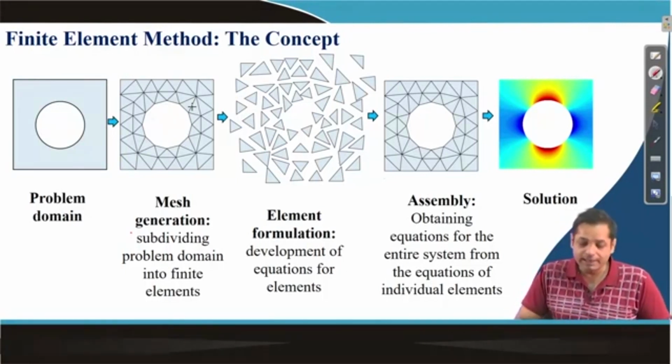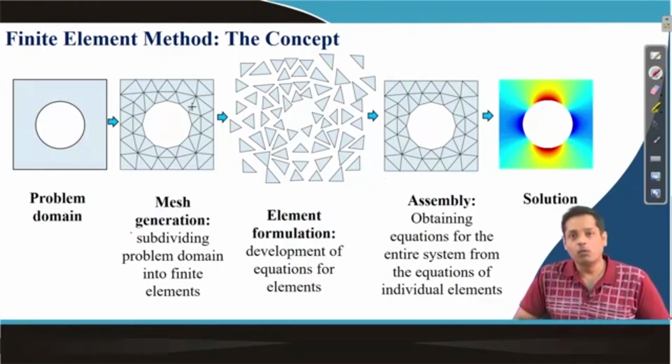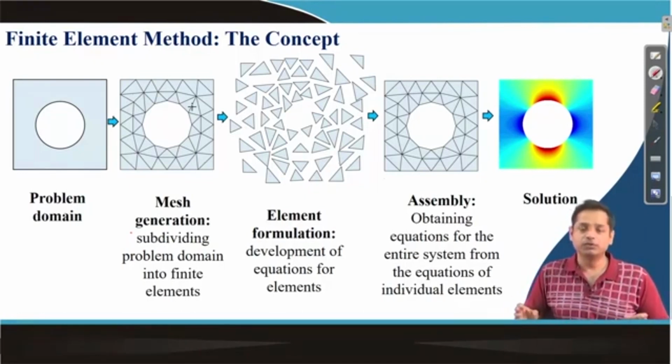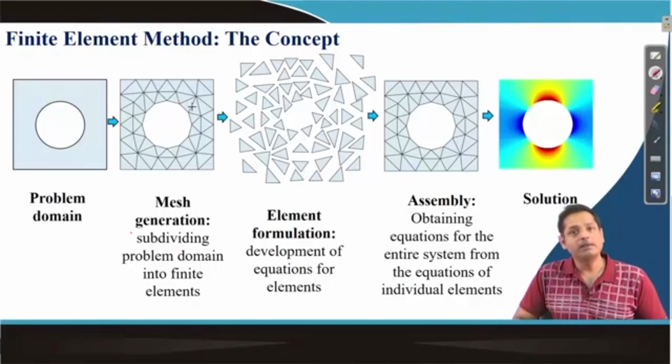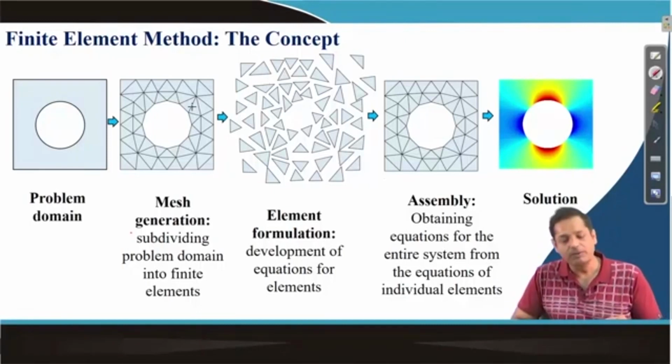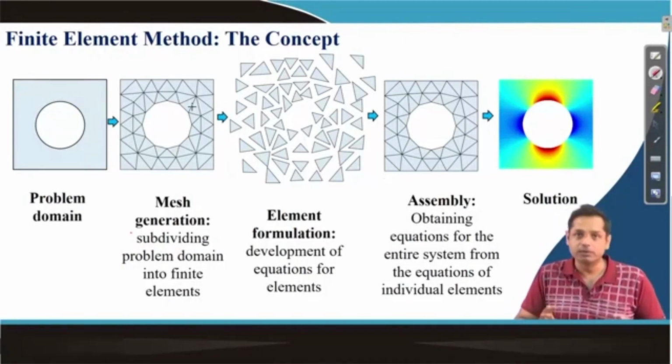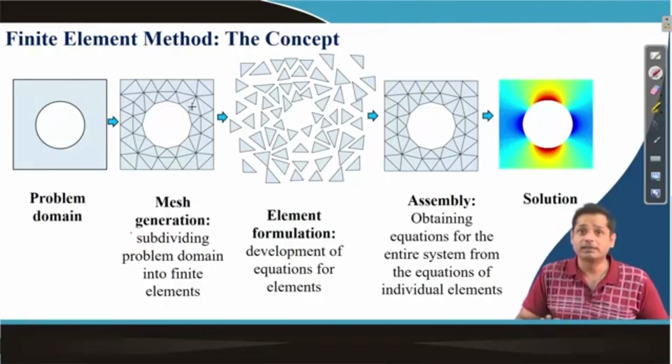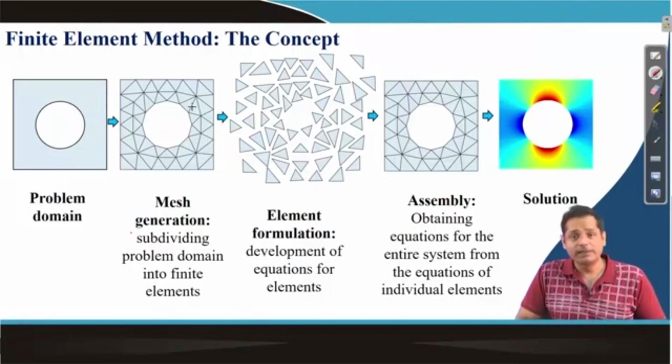This element level formulation depends on what kind of problem we are dealing with, what the governing equations are. As mentioned in the last class, for two different problems maybe we can use triangular element or quadrilateral element in both cases, but shape is one thing, and shape doesn't carry all the information, right?